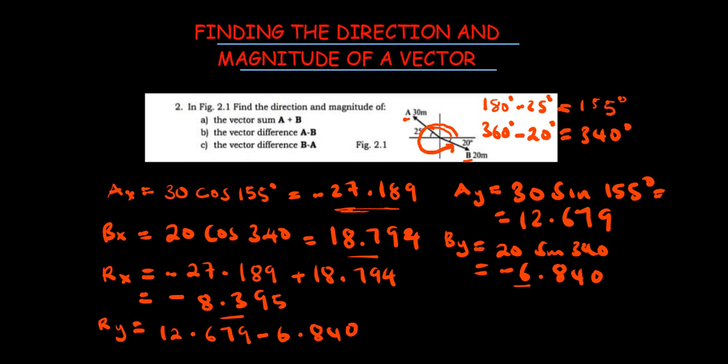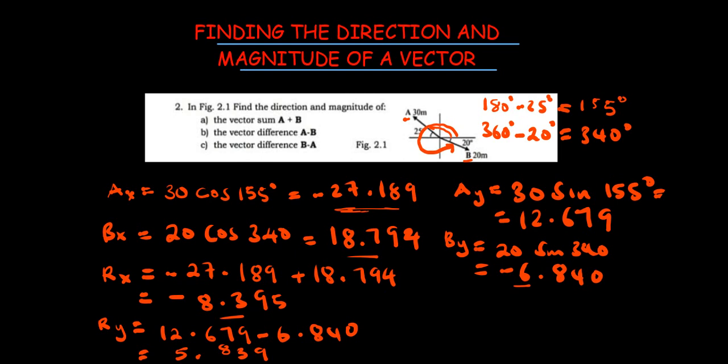So there, what will I get next? When I add these two, what I am getting for the y is going to be equal to 5.839. Okay, so that is the resultant for my y.